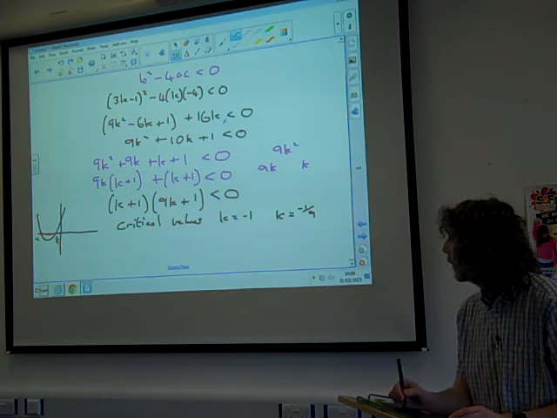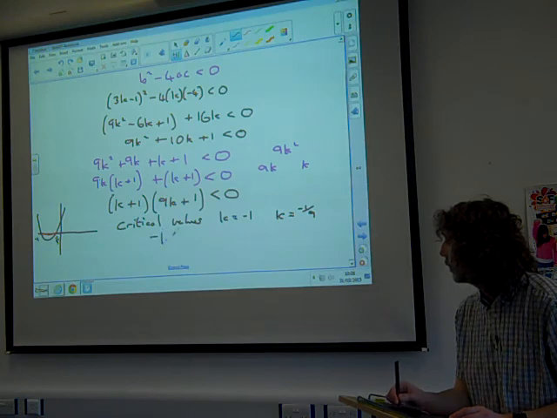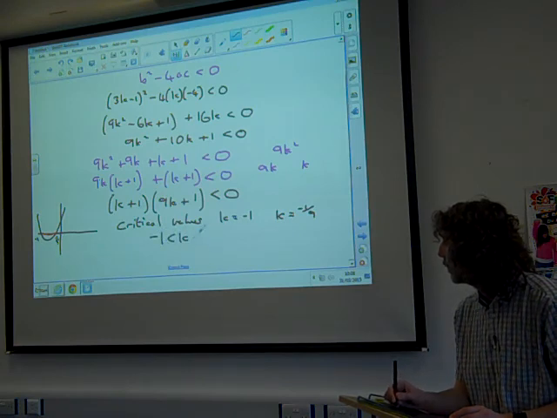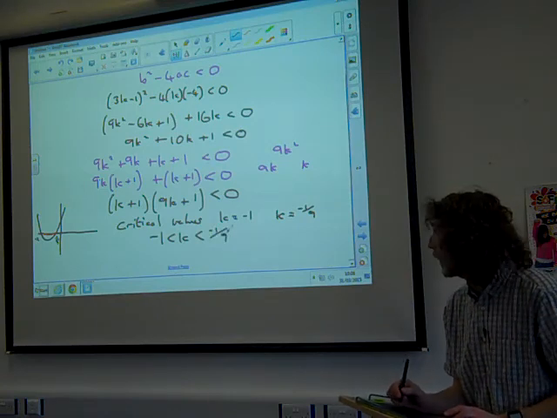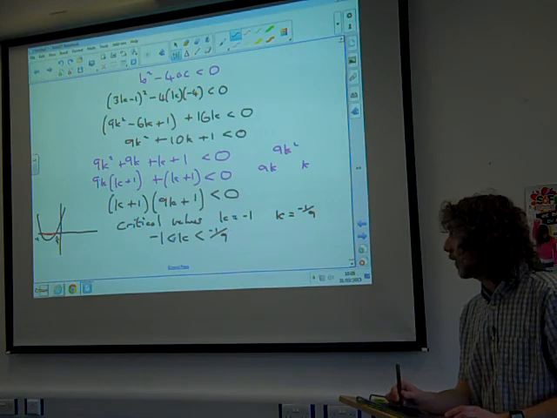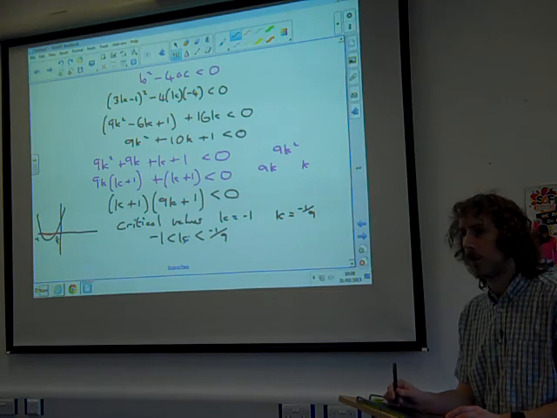So our solution is k is bigger than minus 1 and less than minus 1/9. It's important that we use strict inequality signs there as well. Why must we use strict inequality signs and not or equal to ones?